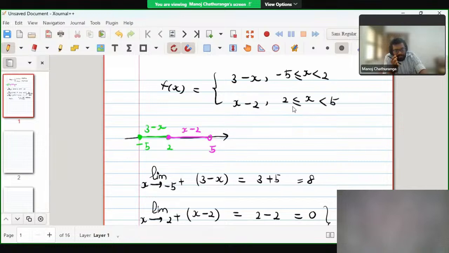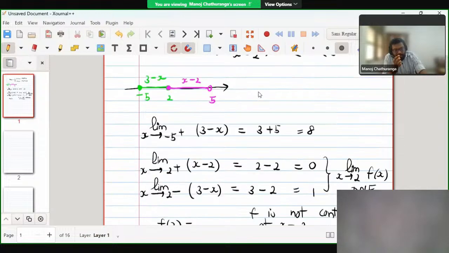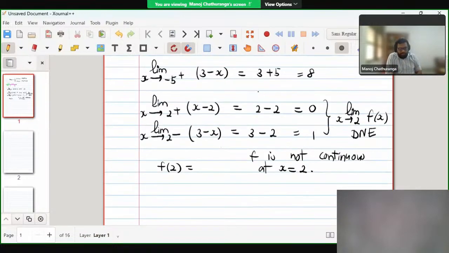Then for the second formula, you see, here we have 2 less than or equal to x. So that means the second domain includes 2. So to evaluate the function at 2, you need to use the second definition.